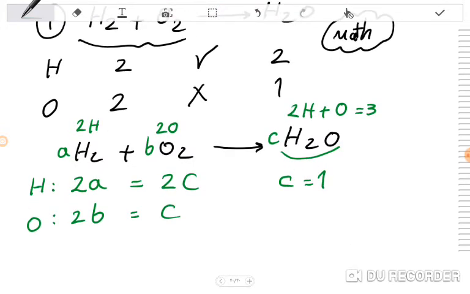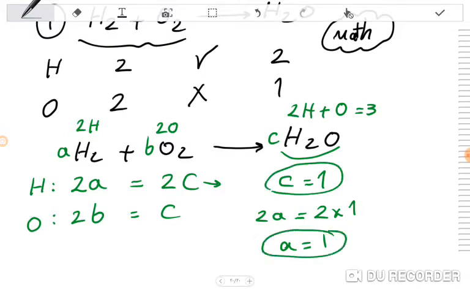If C is equal to 1, from this equation we have 2A equals 2 times 1, A equals 1. Okay? C is equal to 1, A is equal to 1. From this equation 2B equals 1, B equals 1 over 2.